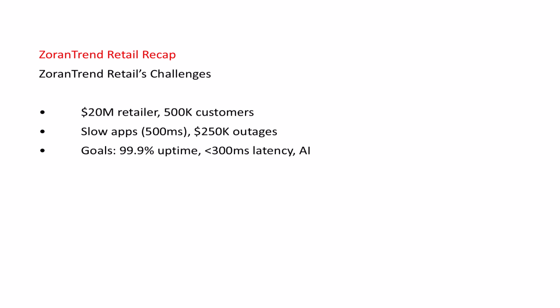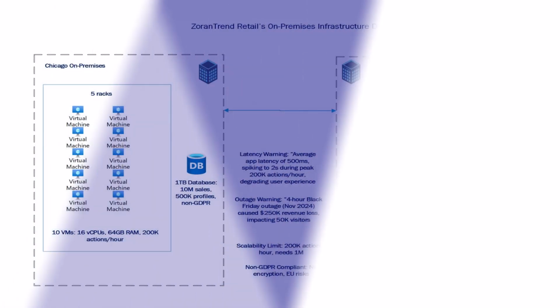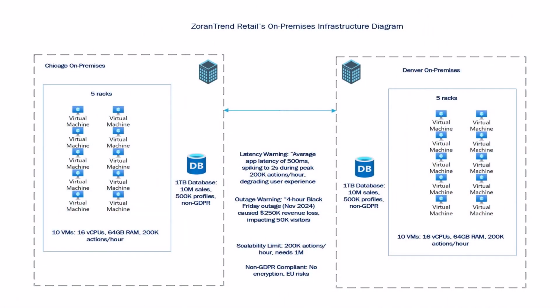Their website and mobile app manage 10,000 daily visitors, peaking at 50,000 during events like Black Friday. Their current infrastructure, relying on aging on-premises servers in Chicago and Denver, comprises 10 physical racks running 20 virtual machines, each with 16 vCPUs and 64 gigabytes of RAM.